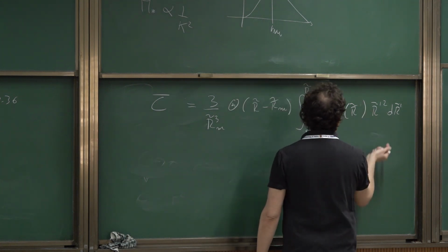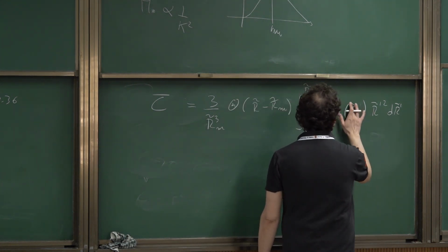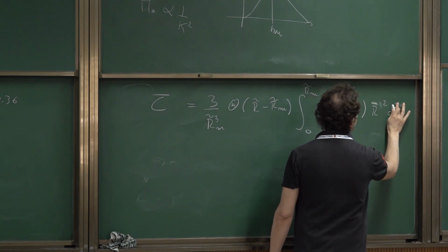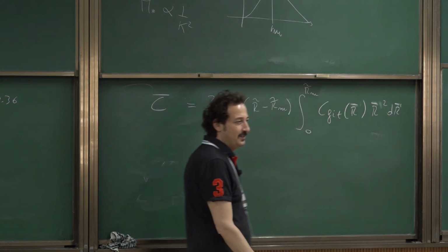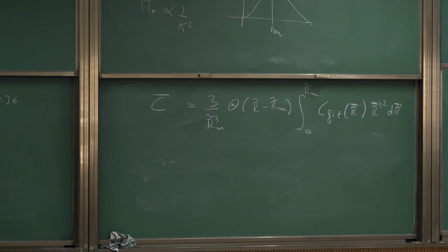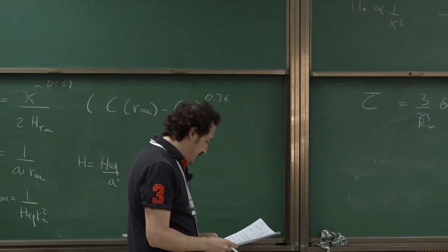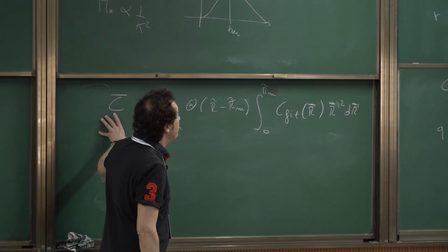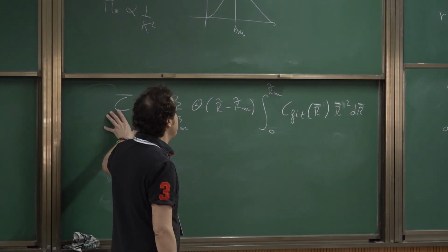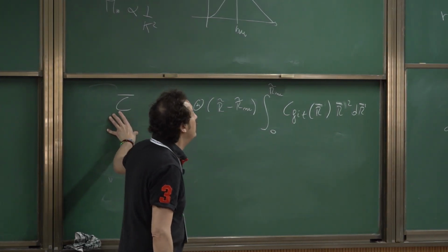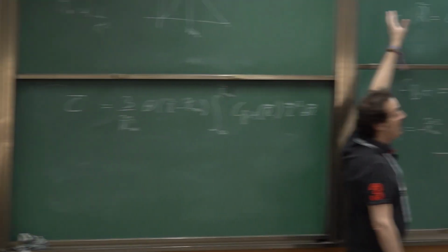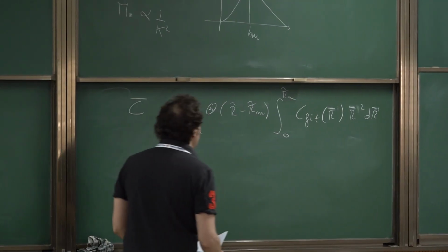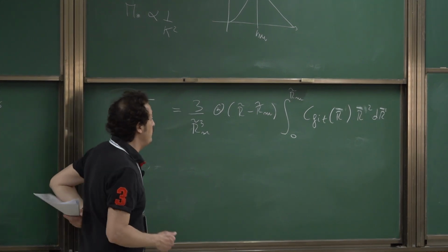Perhaps I should write a bar. Because we are only interested in the physics around the peak, instead of taking the full distribution, I just consider the average of this thing.